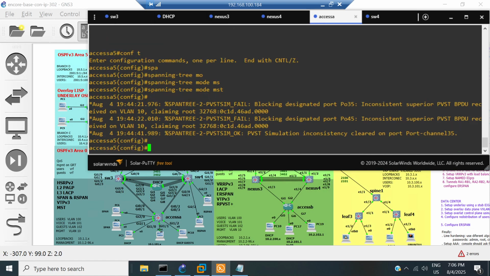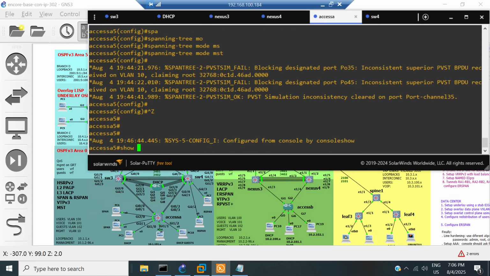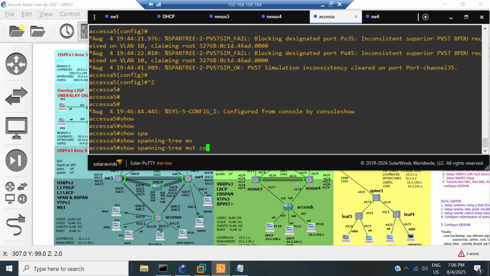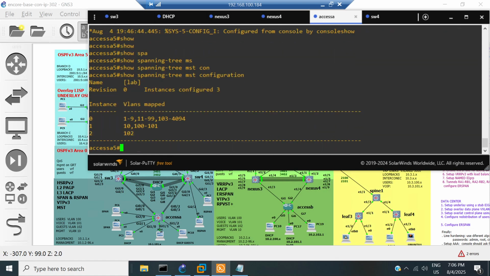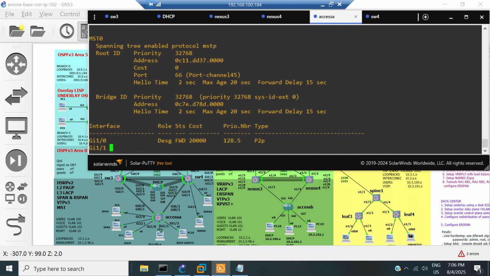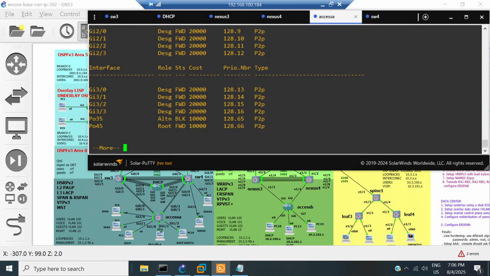So let's see now. Show spanning tree MST config, same configuration. So let's issue, for instance, show spanning tree to see what interfaces I am blocking.